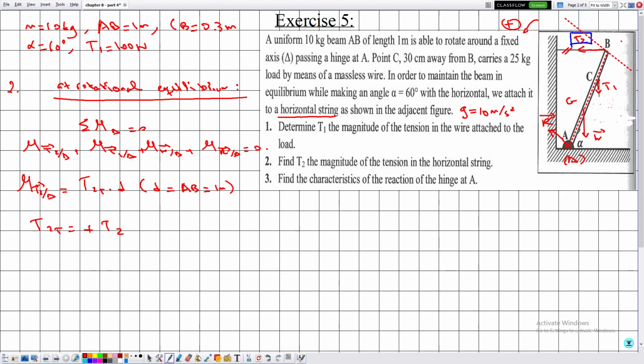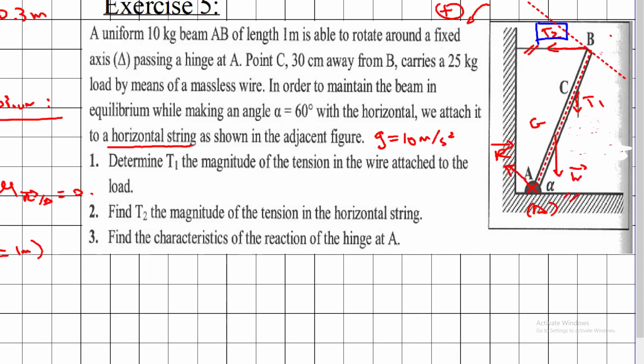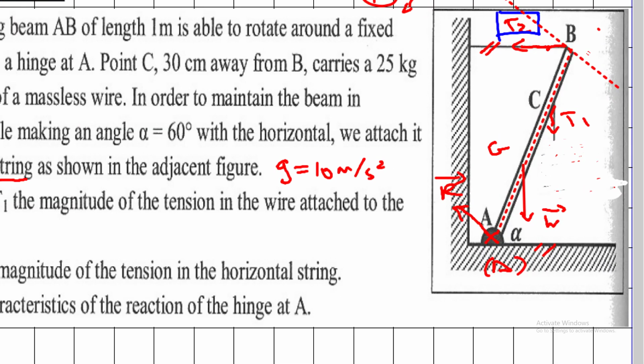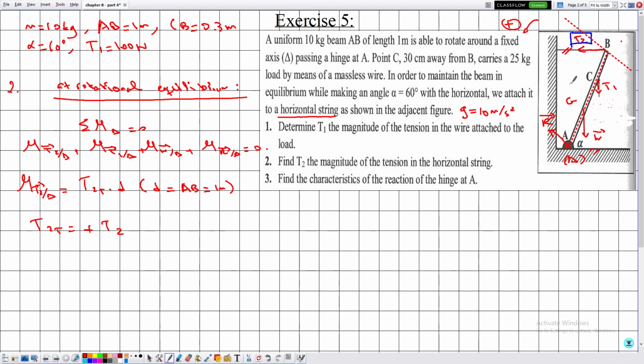So this is the horizontal, this is the horizontal. These two are parallel to each other. If this is alpha, this angle here eventually will be pi by 2 minus alpha. So always in such type of exercises, consider parallel lines and the corresponding and alternating interior angles. So this will be cosine of pi by 2 minus alpha, which is equal to T2 sine alpha.